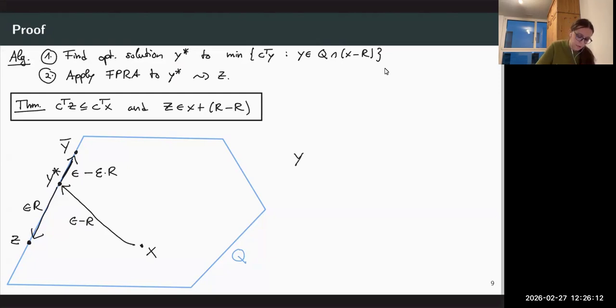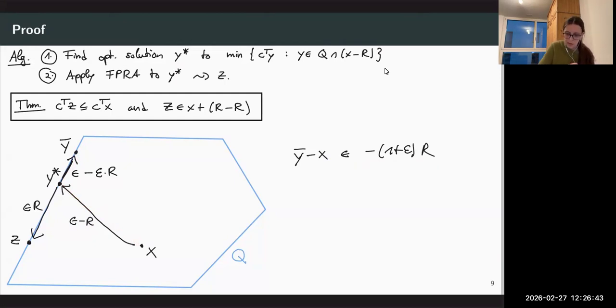And now I observe that if I look at y bar minus x, this is actually a vector in minus 1 plus epsilon times R. This is basically because from x to y star, I'm going something within minus R, and then from y star to y bar, I take again some step within minus epsilon R. So minus R plus minus epsilon R. And this gives me that this difference is actually in minus 1 plus epsilon times R.